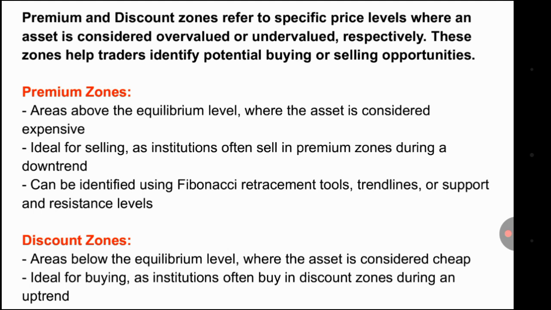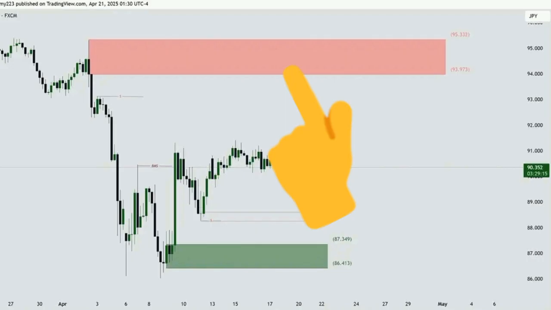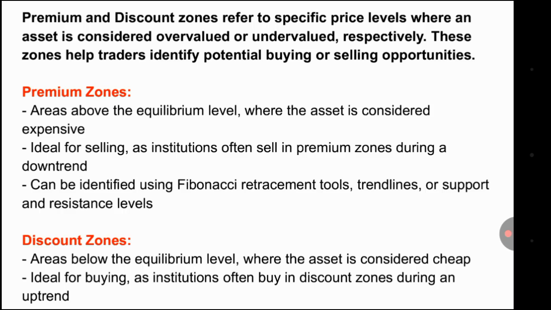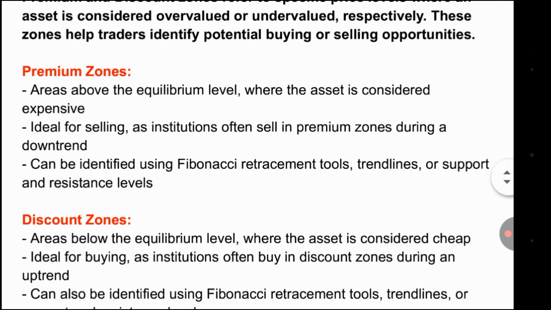Premium zones are simply areas above the equilibrium level where the asset is considered expensive, right? At the supply zone, when price gets to the supply zone, which is the resistance, it is expected that price would likely sell because it is expensive at that high, right? Investors would consider, it's time for us to sell this asset.